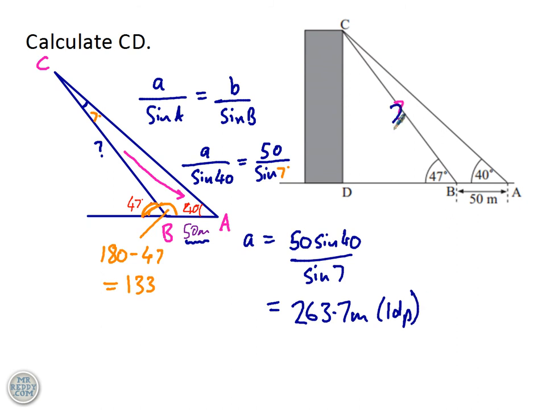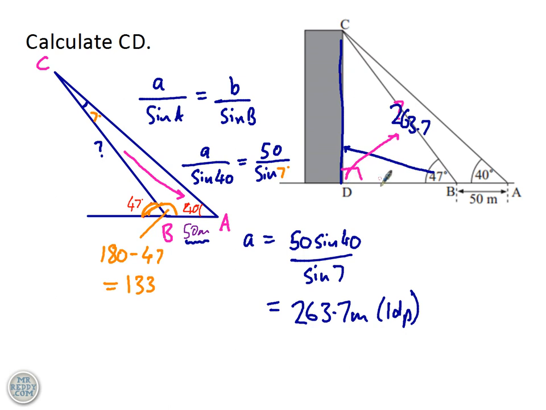That's 263.7. And now I could use that angle with that side. They make a pair. And I could use 263 opposite this angle here, which is obviously 90. Well, it's not obvious, but in the question, the bit that I didn't show you is that it's up against a brick wall.